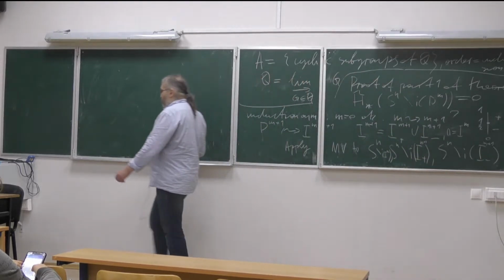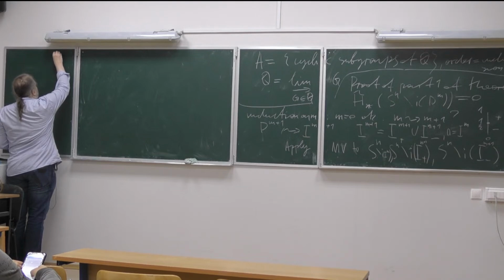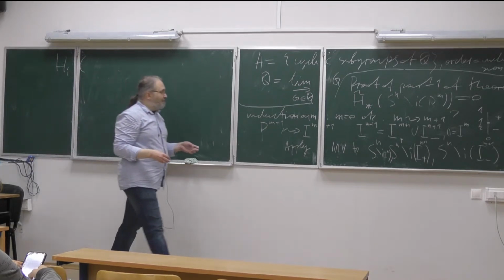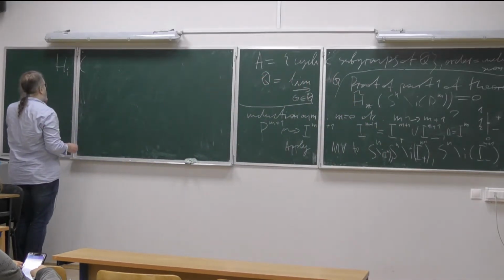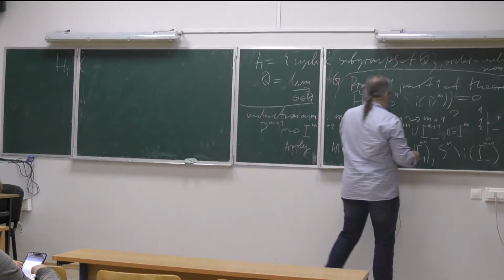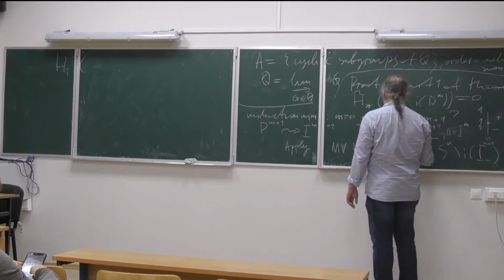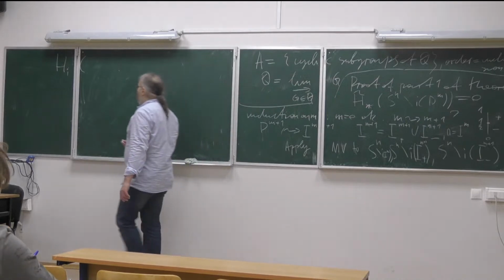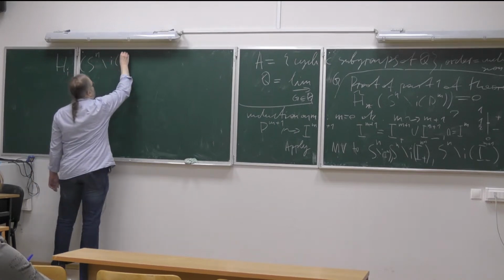So we apply the Mayer-Vietoris sequence, and what do we get? We get an isomorphism between, okay, the intersection of these two is the complement of the union, so it's S^n minus I of I^(m+1).